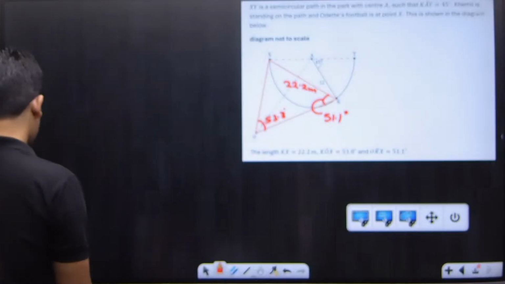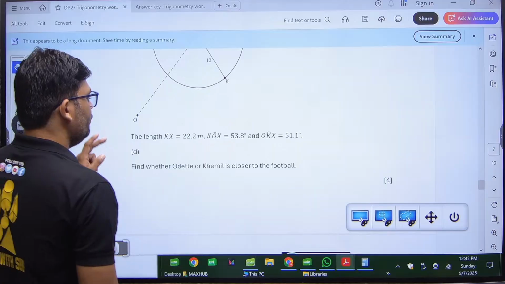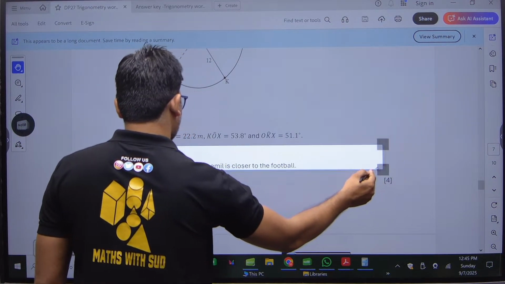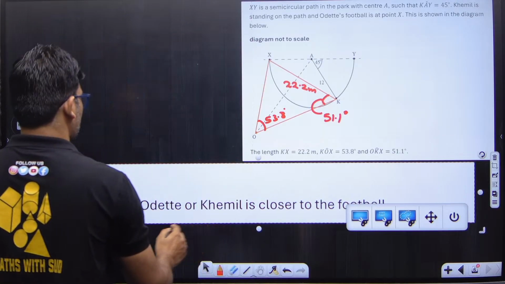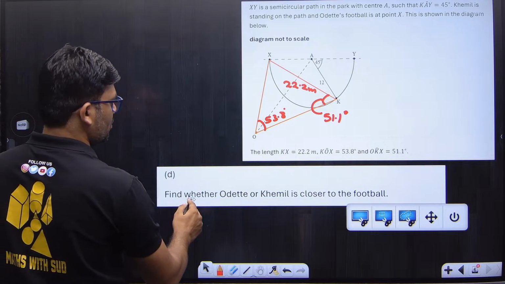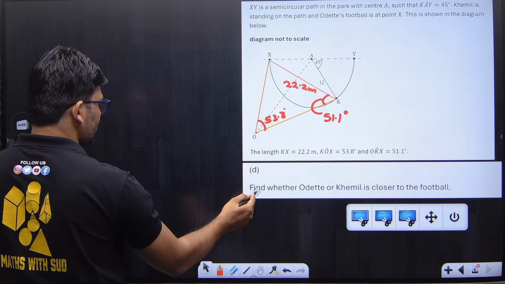What is the question? Find whether Audit or Camille is closer to the football. So who is closer to the football? They are asking you this.